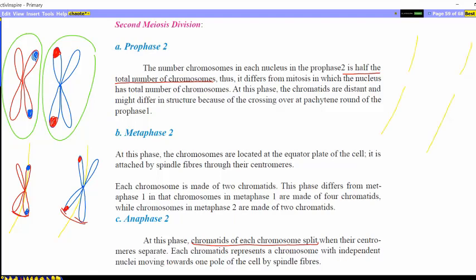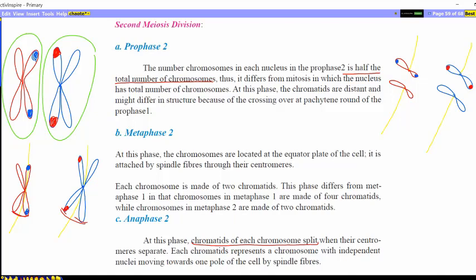For example, one chromosome, chromatid, another chromatid, and also chromatid and chromatid, but one of them has different genes. Also, that one is different.